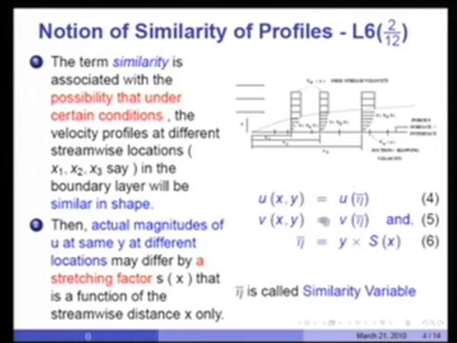So, what we are aiming at is equations which are functions of two variables x and y are going to be made functions of one variable, and therefore, a partial differential equation would now be converted to an ordinary differential equation in eta bar. Let us see how this is done on the next slide.